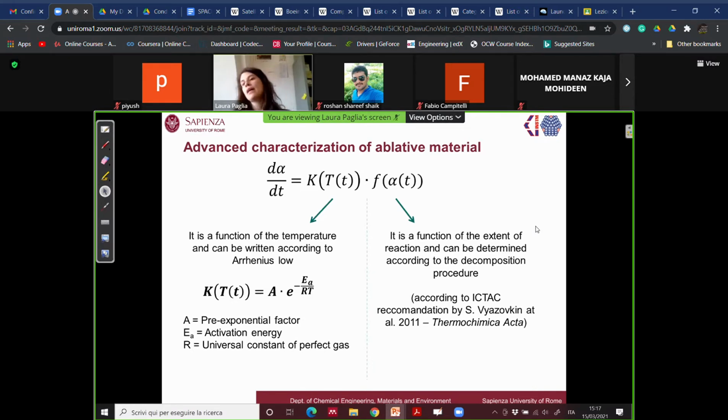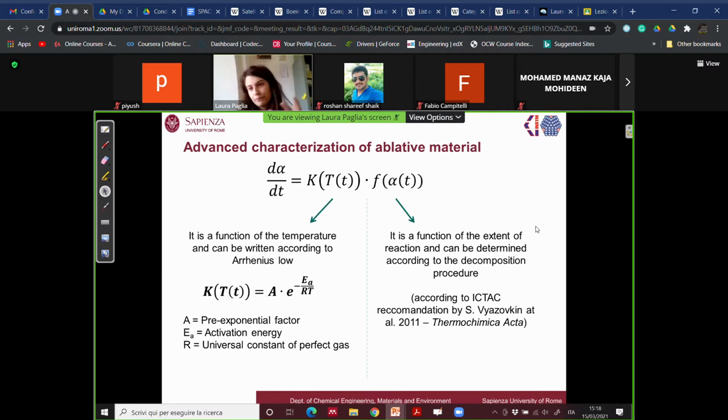Arrhenius law is a very famous chemical law which allows us to define the velocity of a reaction, and it depends on three different parameters: the pre-exponential factor, the activation energy, and R, which is the universal constant of perfect gas.